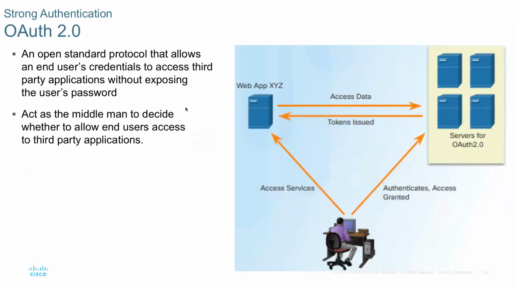Tokens are going to be issued, and they'd access the data, so it doesn't go directly for authentication and authorization. It goes towards those other servers first, and then you can access the servers. I've got a little demonstration of that in just a second.